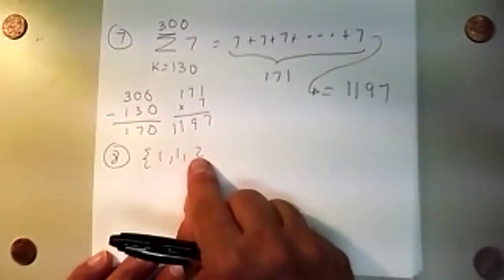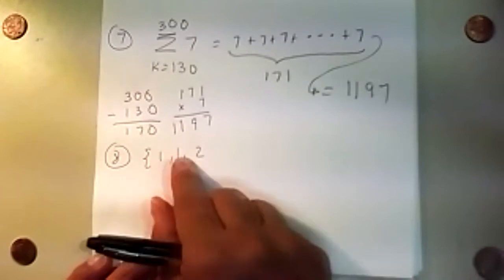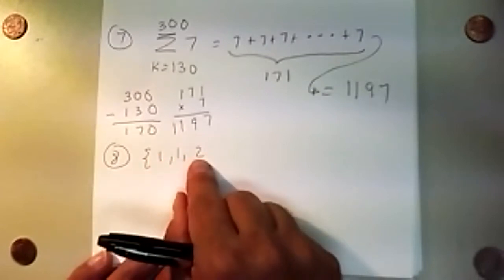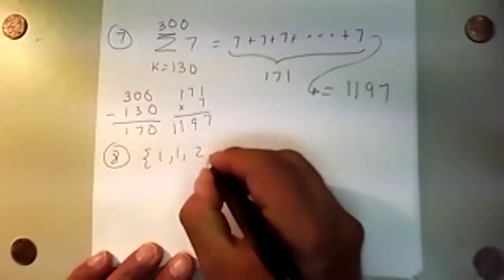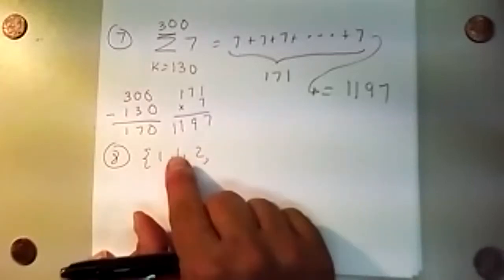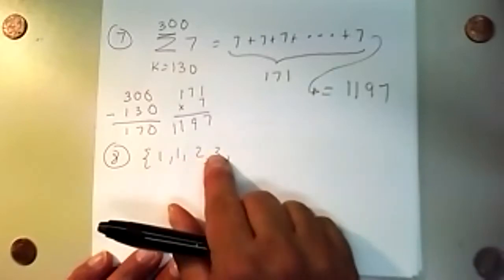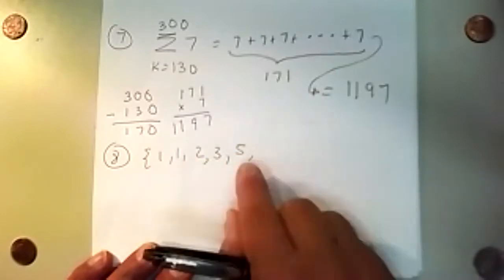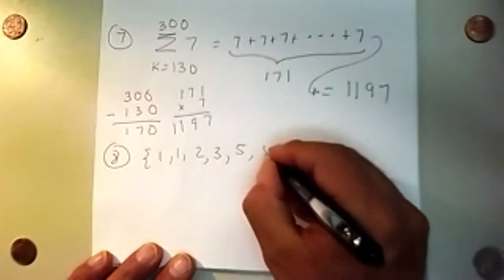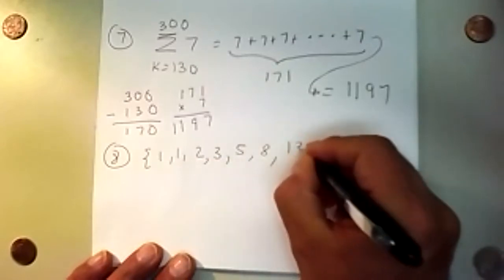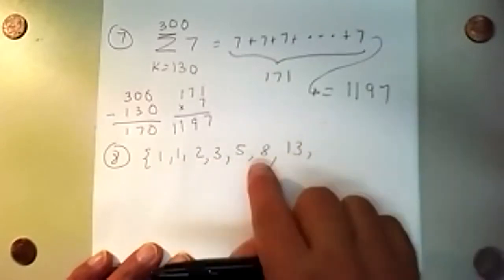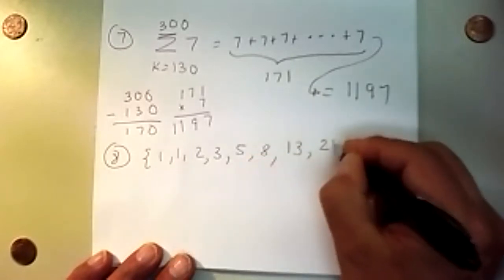The next element after the first two is the sum of the previous two. So this element is the sum of the last two. The next element is the sum of the last two: 1 plus 2, 3. The next element is the sum of the last two: 5. The next is the sum of those two: 8. And so forth, 13. And then those two together is 21, etc.